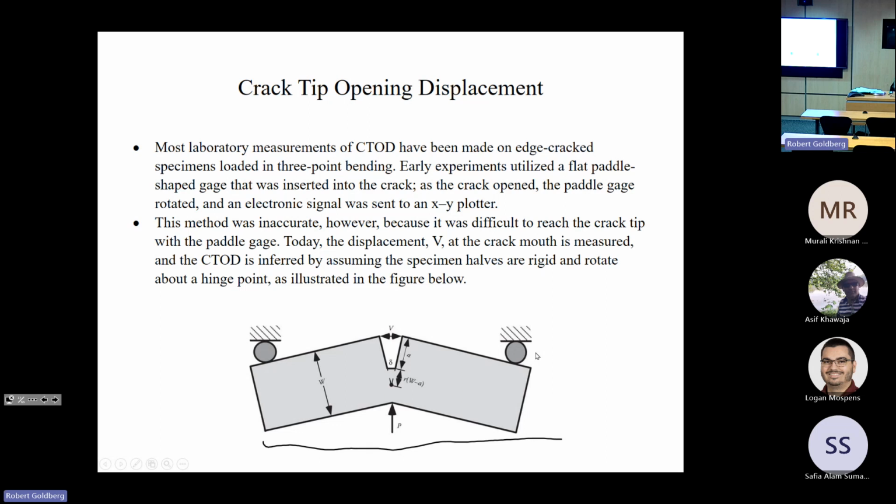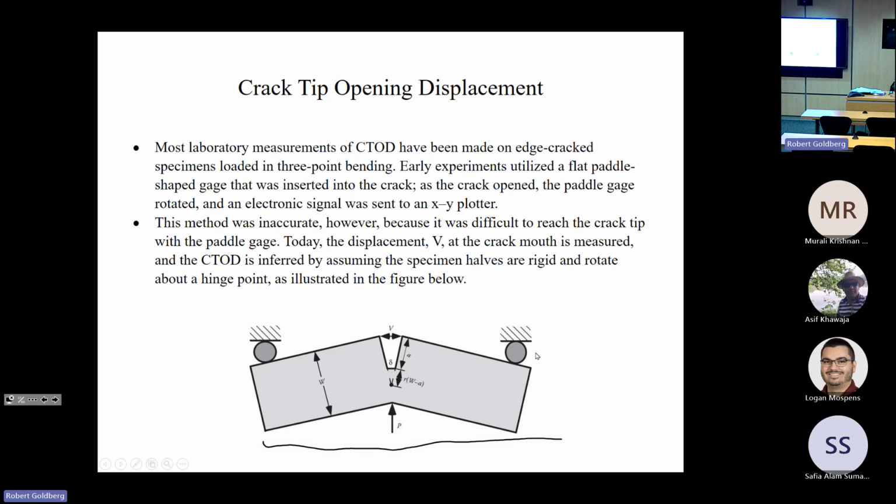So you have your edge crack, you apply 3-point loading. So you apply your load, and then you have constraint rollers, so that's 3-point bending. So this is one of the classic ways of measuring crack tip opening displacements. And early experiments used a paddle-shaped displacement and strain gauge that was inserted into the crack.